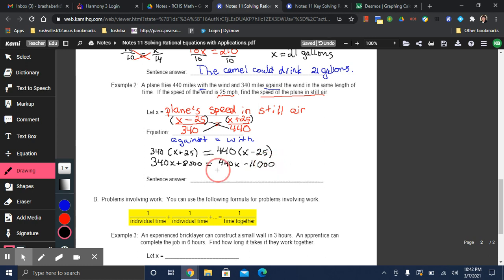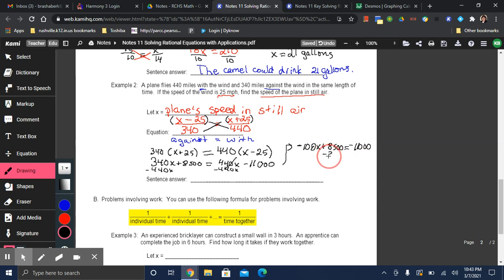We want to get our x's on the same side of the equal sign, so I'm going to minus 440x from both sides. So 340 minus 440, that would be negative 100x plus 8,500 equals negative 11,000.